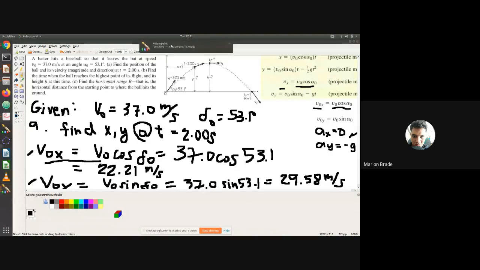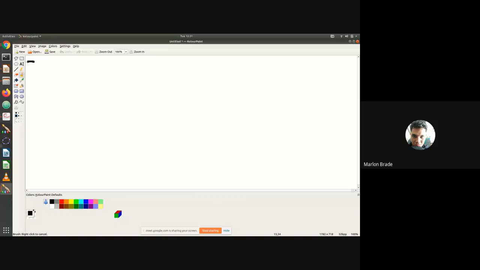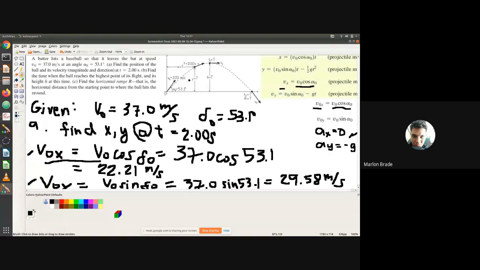So, letter A. So atong ipadayon ang letter A dire. So x is equals to v naught cosine alpha naught multiplied by t, from our projectile equation.